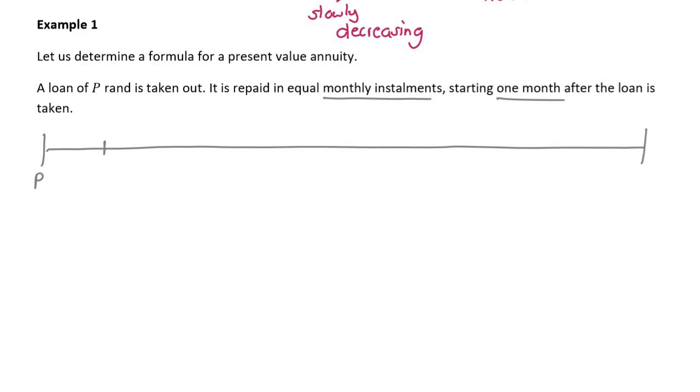Okay, so let's have a look. If I have X Rand, and I'm paying X Rand every single time period. Now this particular question said monthly. It doesn't matter whether it's monthly or annually. Every single month or every single year, I'm paying X Rand, and so on. And eventually, you will have your last payment and you would have paid off your loan.